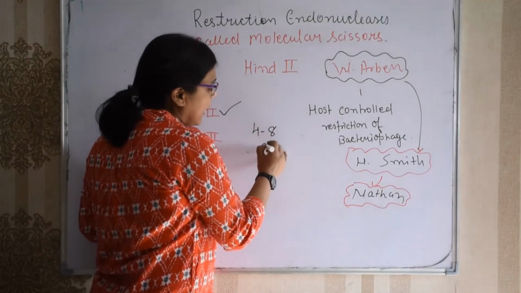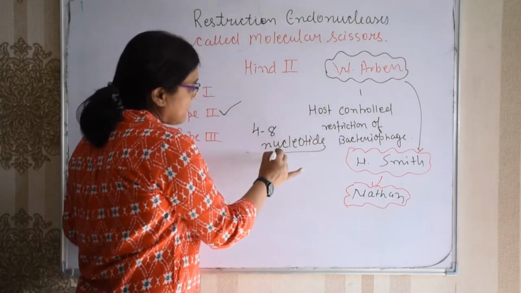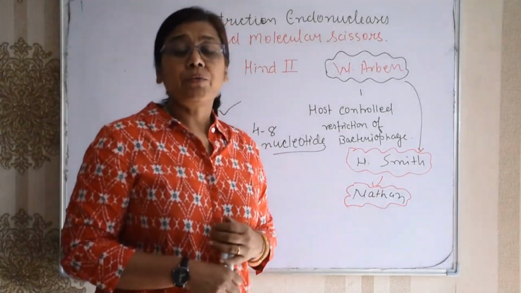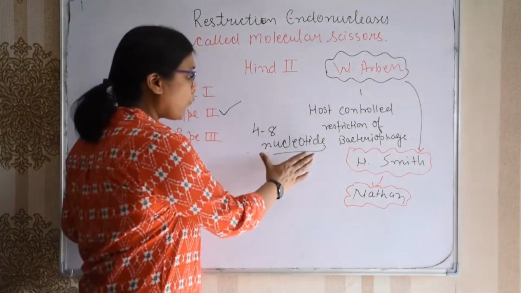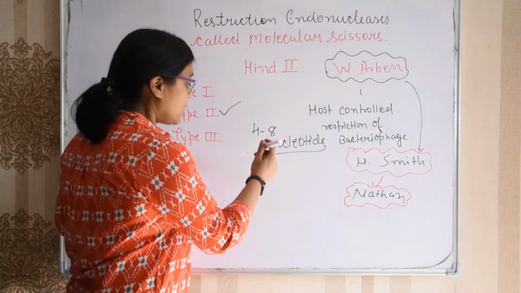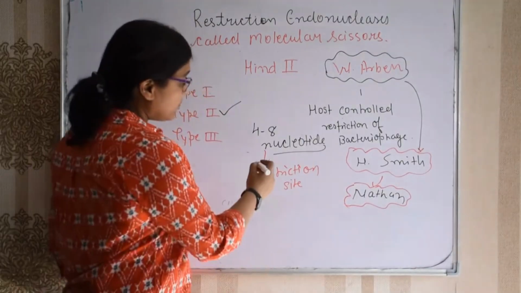It's important. This sequence of 4 to 8 nucleotides is known as the restriction site, and they are palindromic.